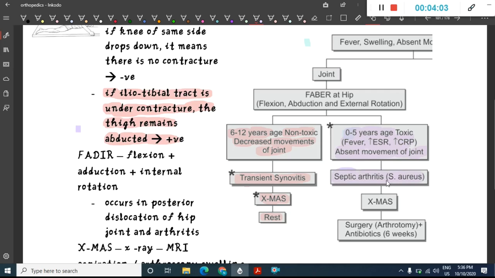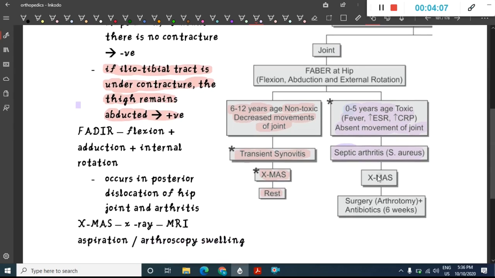So you will have to think it is septic arthritis and do X-ray, MRI, aspiration or arthroscopy of the swelling. Here you do surgery plus antibiotics based on the culture sensitivity. So this is how you treat whenever there is FABER at the hip.